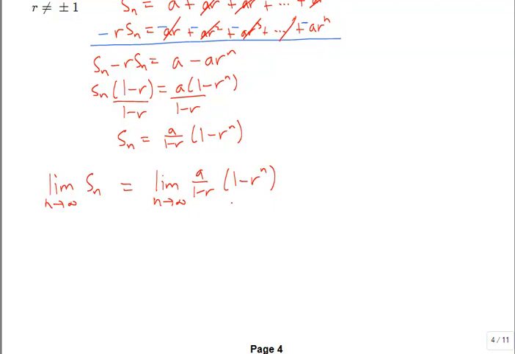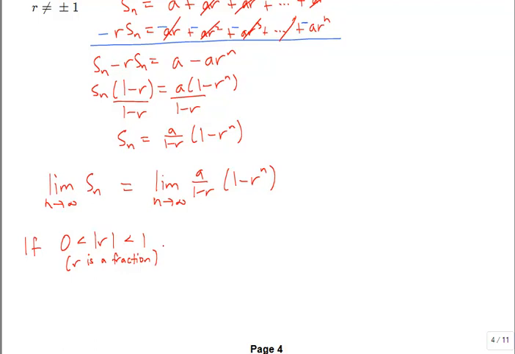Now the convergence and divergence of this depends on r. So let's look at the two different cases. If r in absolute value is between 0 and 1, which basically just implies that r is a fraction, either a positive or a negative fraction, so that in absolute value it's between 0 and 1. So that's what that means.